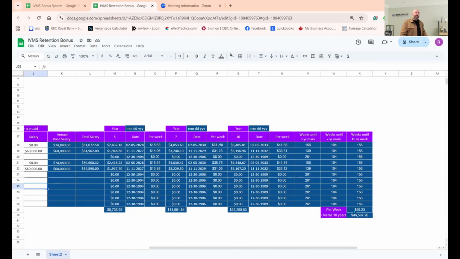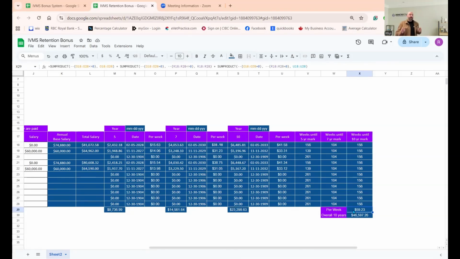See this little number here? When you enter everyone that is enrolled in this program, it's going to give you an overall number that you need to put aside for the 10 years. We'll get into how it changes in a second. But for at least 10 years, with no changes in the annual raises, you're going to pay $59.23.